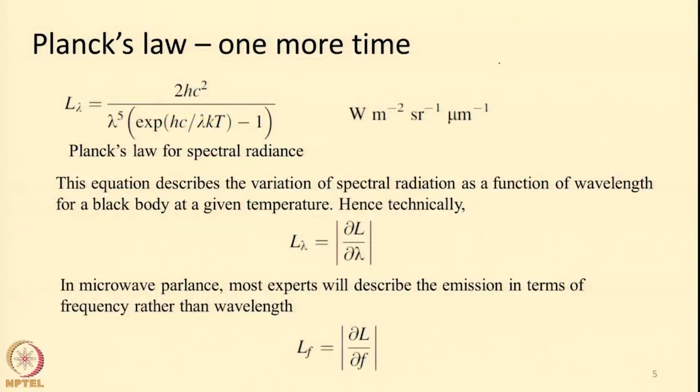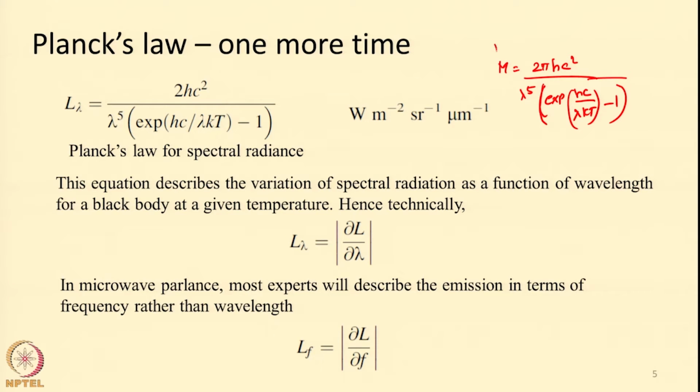The original form of Planck's law, for the radiant flux density, is given by 2 pi h c square by lambda power 5 into exponential of hc by lambda kT minus 1. This is the original form we have seen earlier.